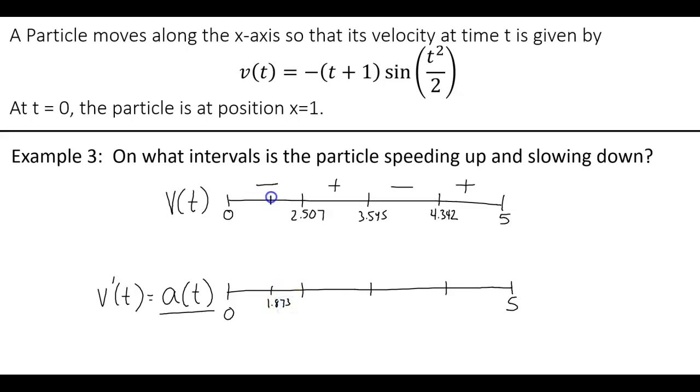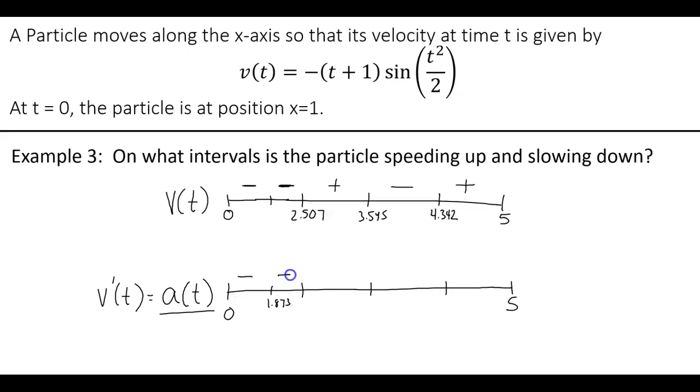And I'm going to put a marker up here. And since I just split that interval up, I'm going to erase my negative up there. And I'm going to say, okay, well, velocity is negative on both of these intervals. And what I found by looking at the graph of my acceleration is my acceleration function was below the x-axis on that interval.